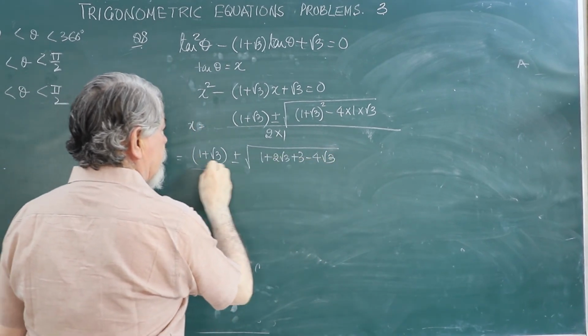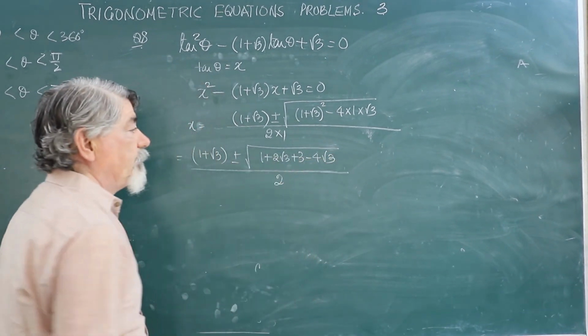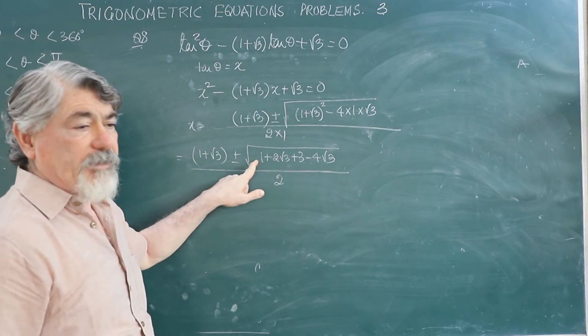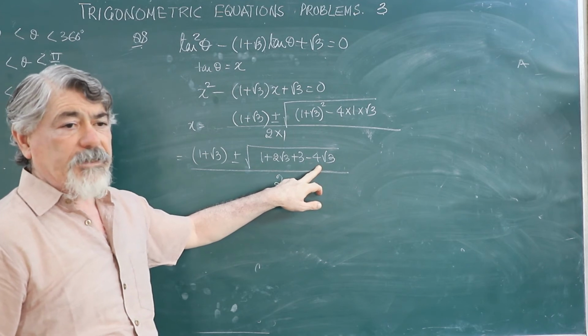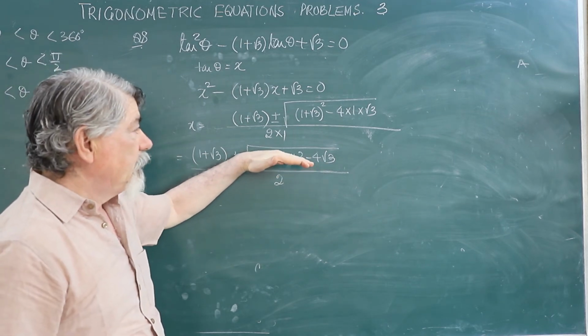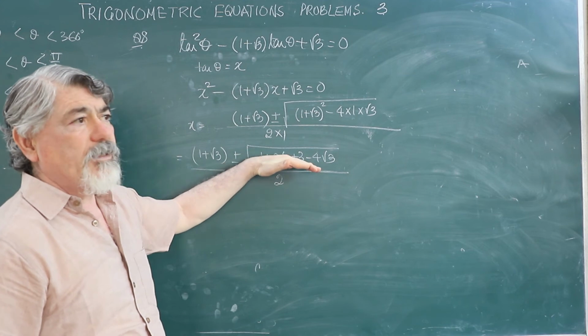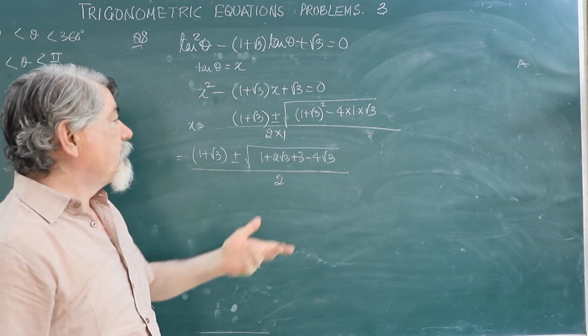Again, as in the previous question, you have to remember I'm not going to combine 1 and 3. I'll only combine 2 root 3 and minus 4 root 3. So I can express the value under the root as a square.